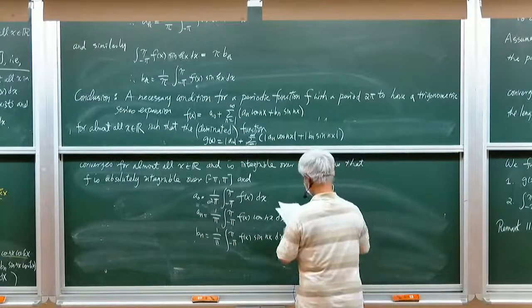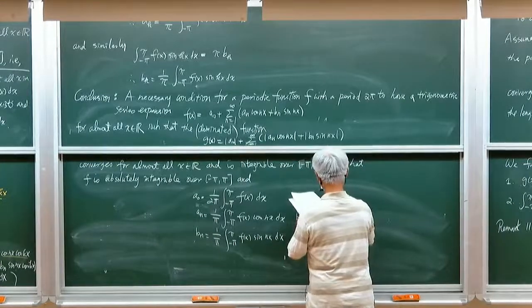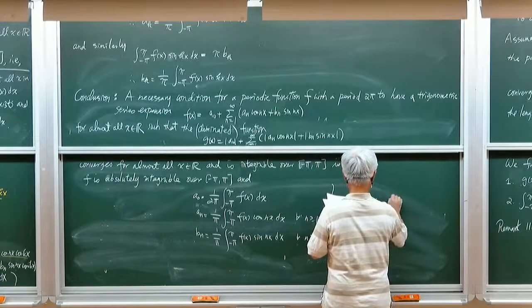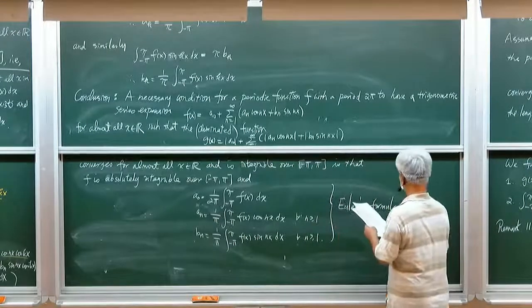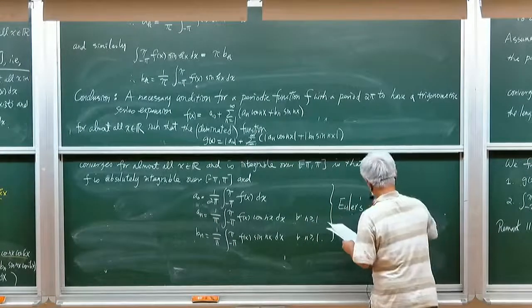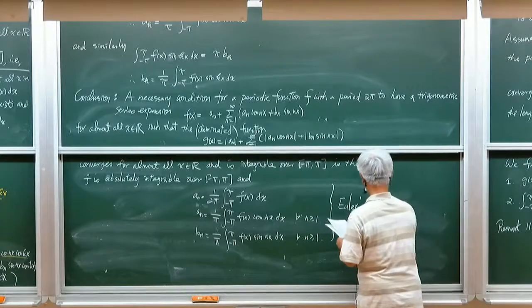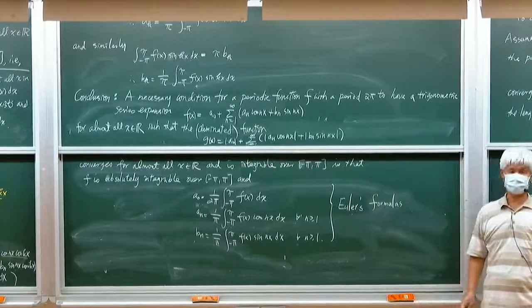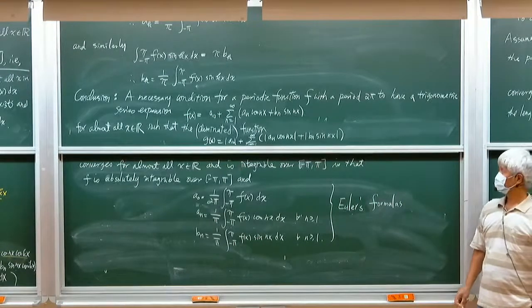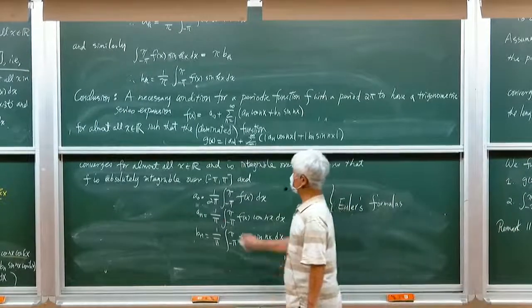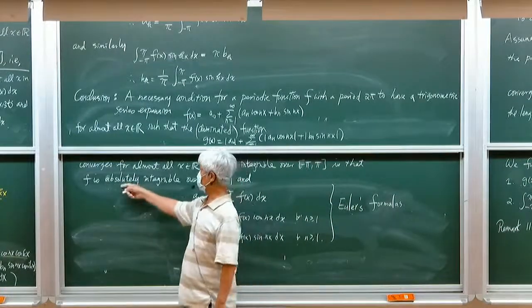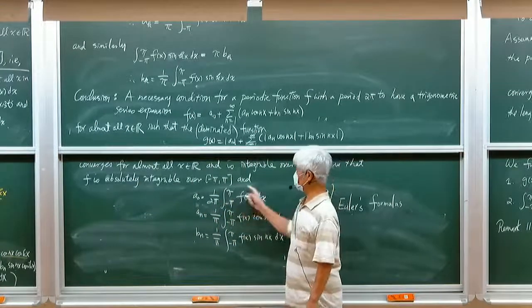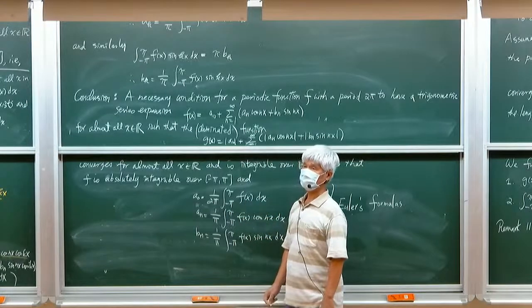All right, so these three formulas are called Euler's formulas. So it's very important to know f is absolutely integrable. Okay, that guarantees that this integral exists and is finite.